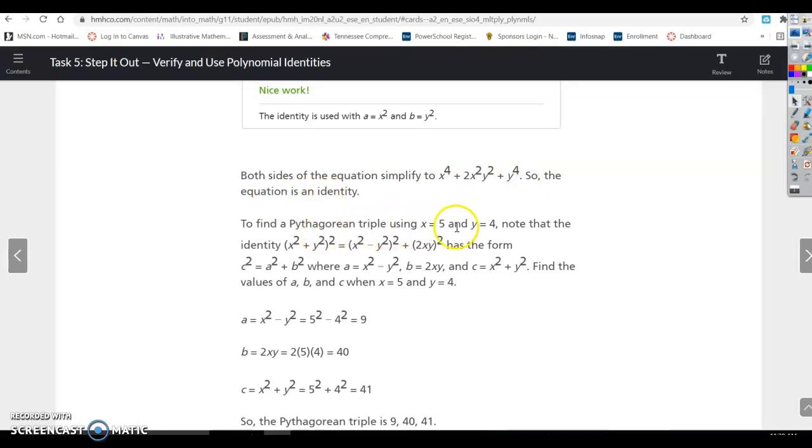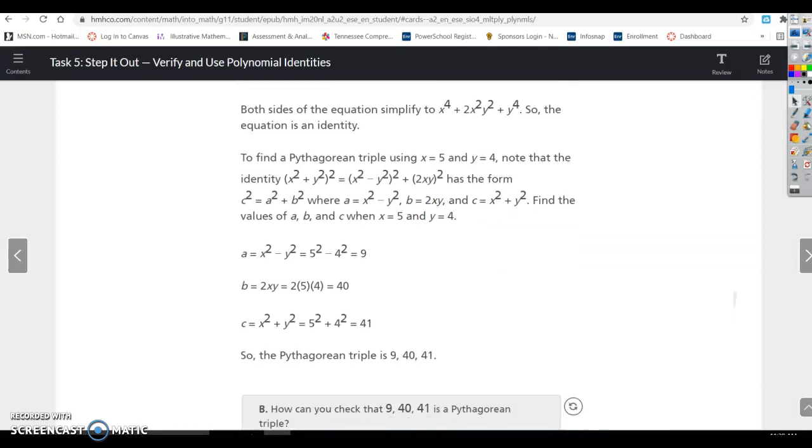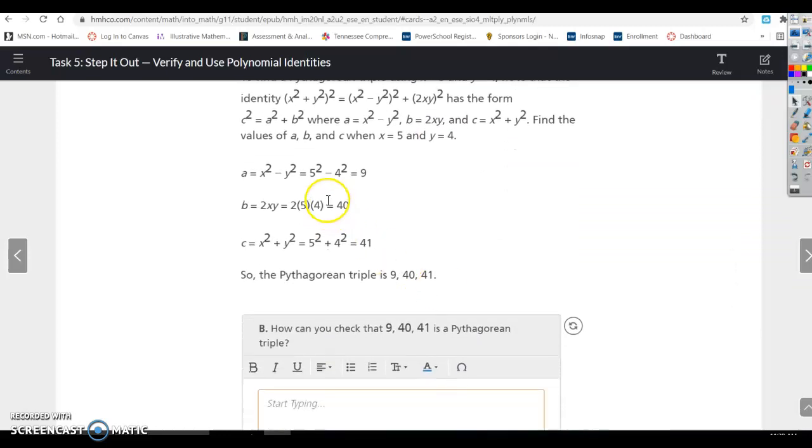To find a Pythagorean triple using 5 and 4 for your x and y, note that the identity has the form c squared equals a squared plus b squared, where a is this and b is this and c is this, kind of like what I showed you up above. Find the values of a, b, and c when x is 5 and y is 4. We know it's a 3, 4, 5, but we can multiply those to make bigger varieties of those.